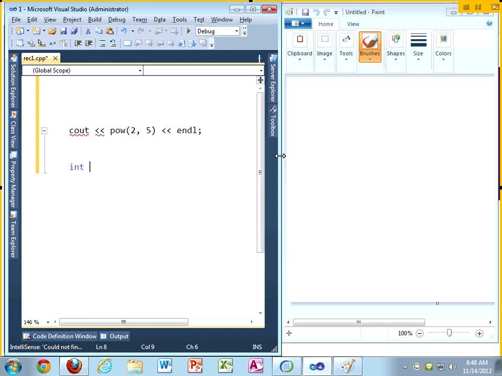We could use a double for the base, and it wouldn't be a big deal. But let's just use ints, and I'm going to assume that the exponent is always greater than or equal to 0. So our two parameters there are base and the exponent, right?